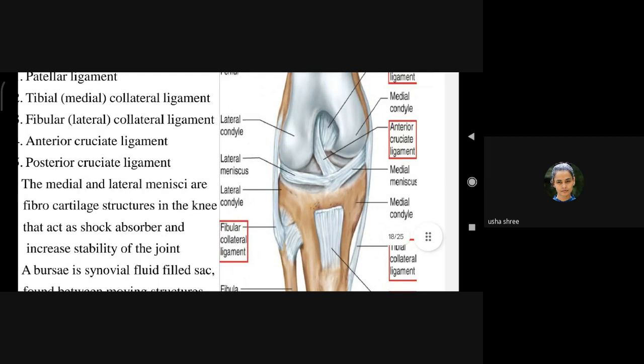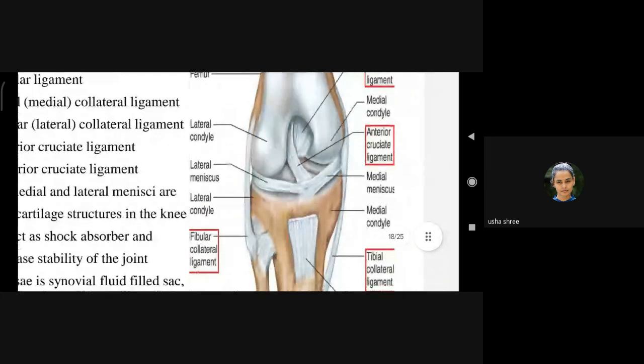Please tell me, which knee joint is this after seeing the medial and lateral labeling of this picture? Is it the right leg or the left leg? Ma'am, left, I think. Medial side is inward.